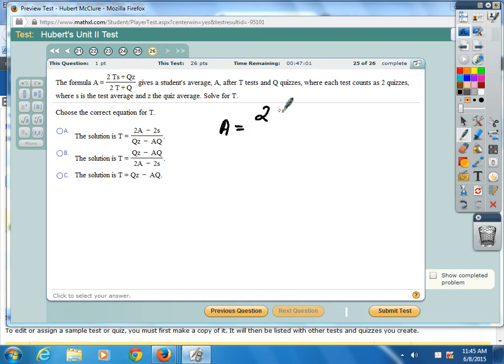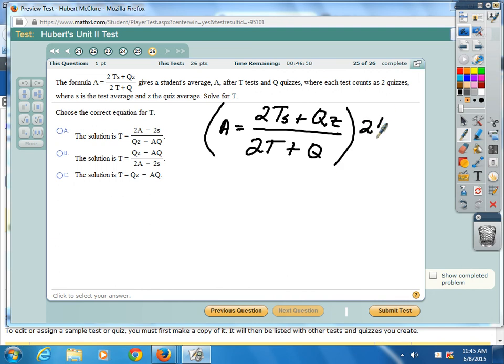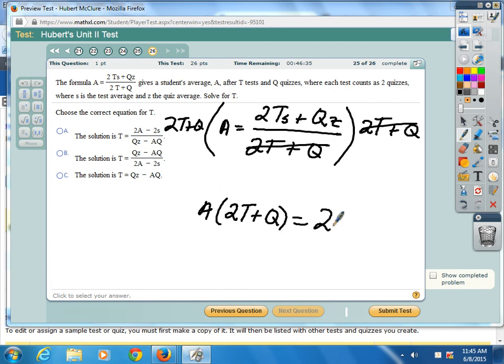A is equal to 2TS plus QZ over 2T plus Q. First thing I'm going to do is multiply both sides by 2T plus Q to get rid of the denominator. So that's going to give me A times 2T plus Q is equal to 2TS plus QZ.